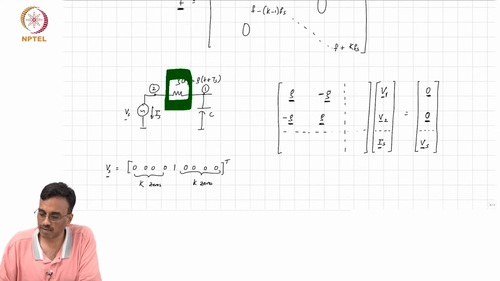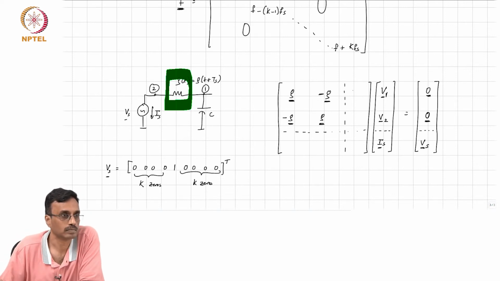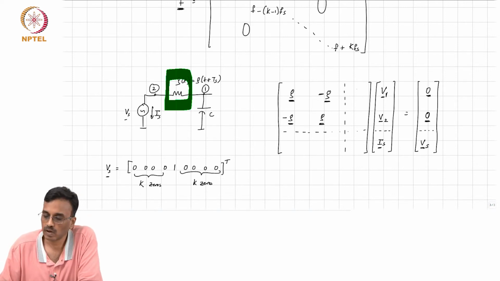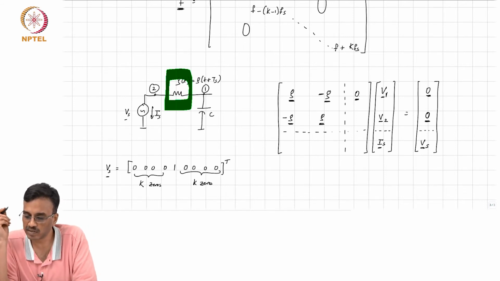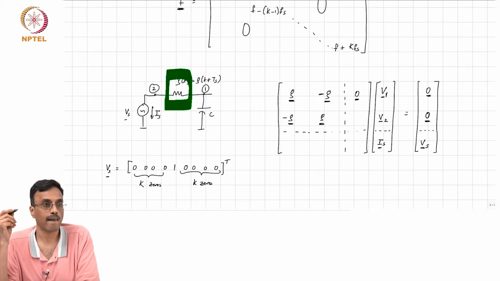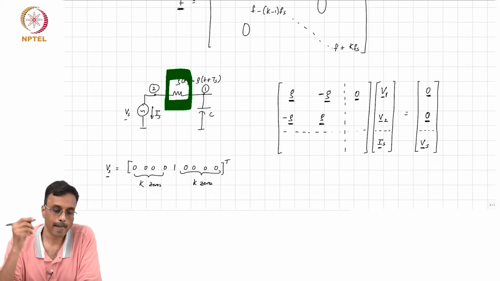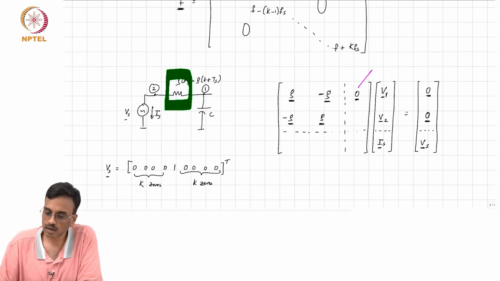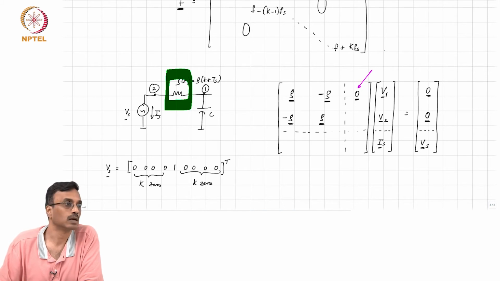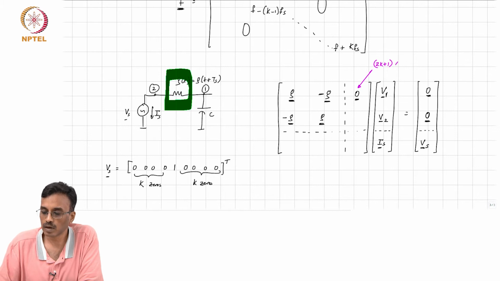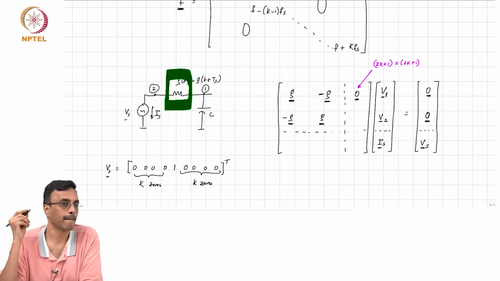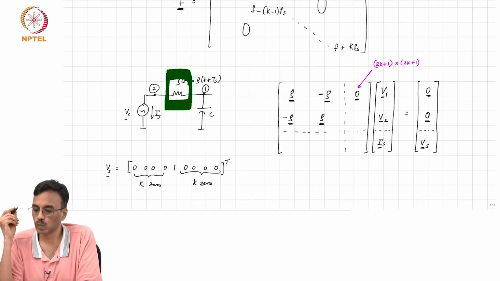And what must you have? A first row, third column. You have a 0 matrix, and what are the dimensions of that 0 matrix? It has to be a 2k plus 1 cross 2k plus 1 square matrix. All right.